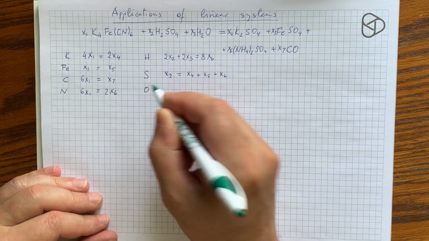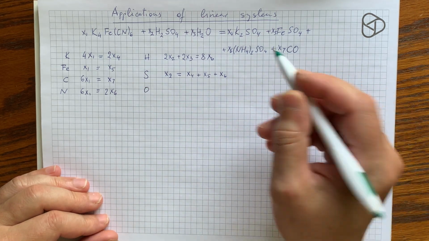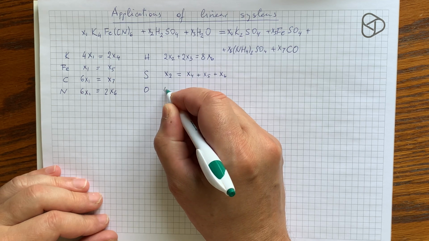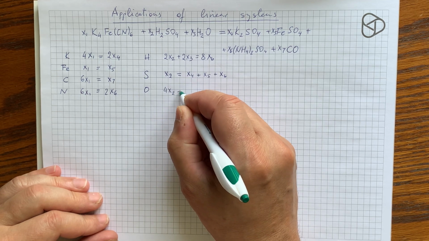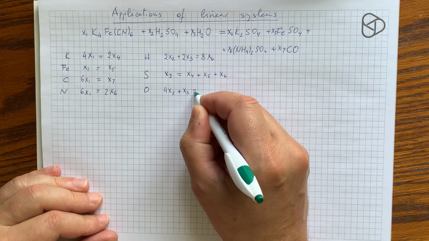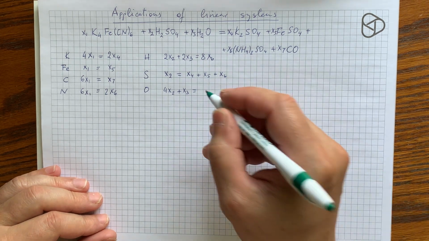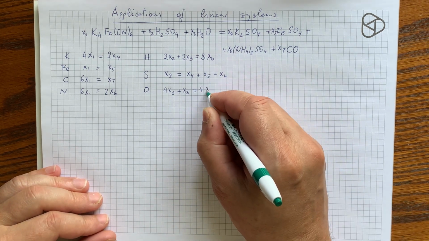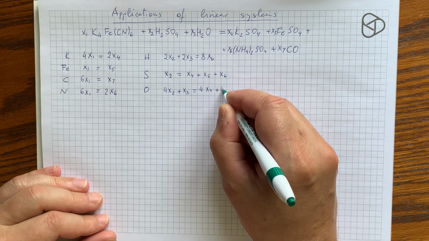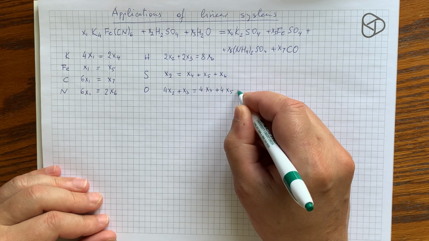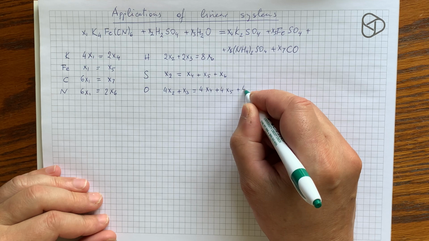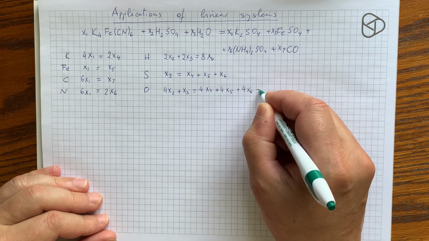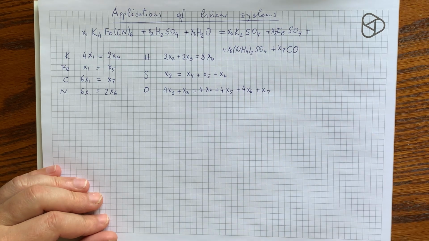Finally, oxygen. For oxygen, we have 4X2 and then 1X3 on the left, matching with 4X4, 4X5, 4X6, and then one copy of X7.